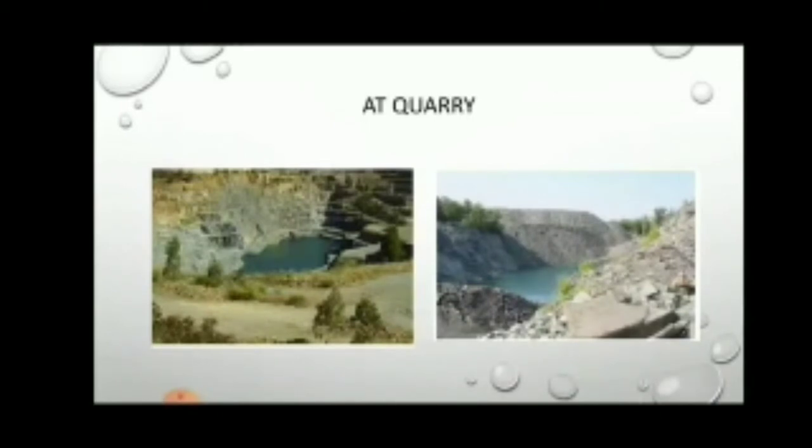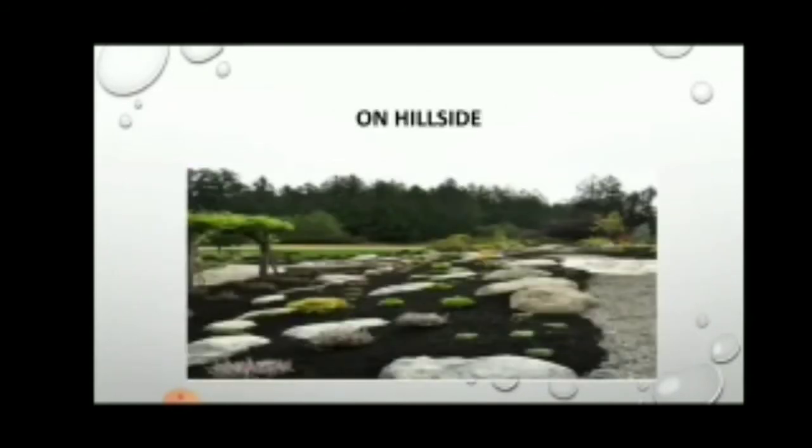A large hole dug out of the ground, that is called quarry, or a large deep pit from which stone or other materials have been extracted. So we can also see the rocks at quarries, and when we are cutting them for roads and for railways. We can see them on the hillsides.